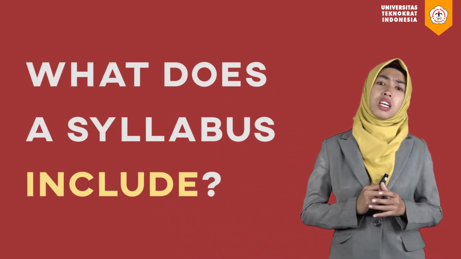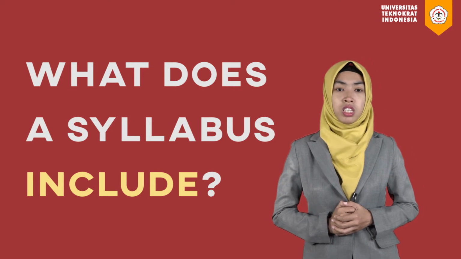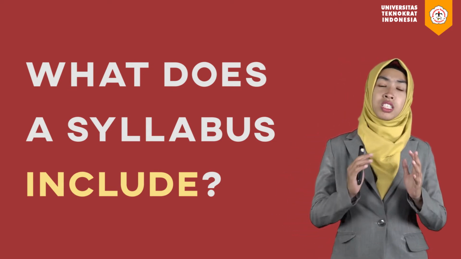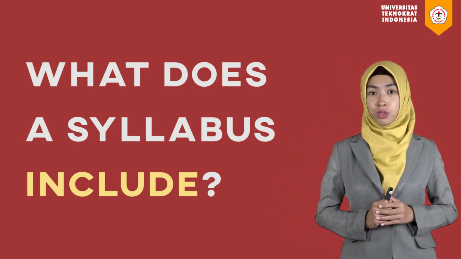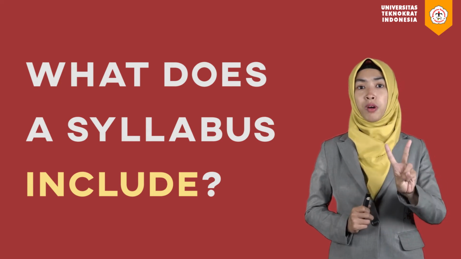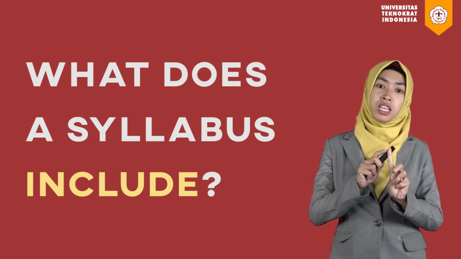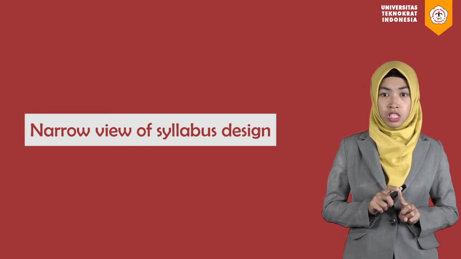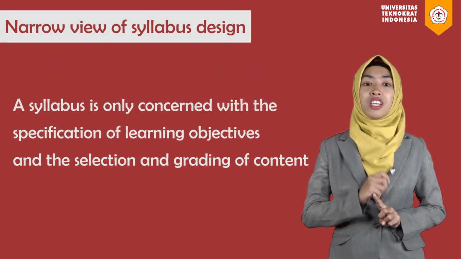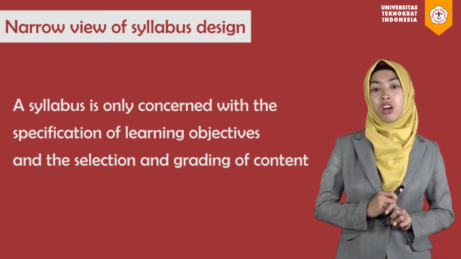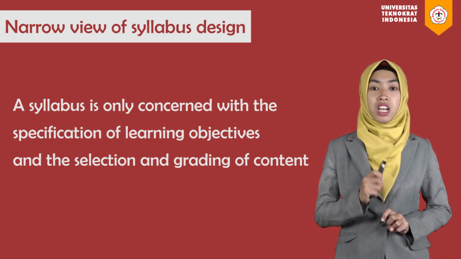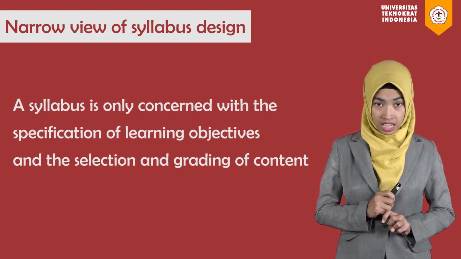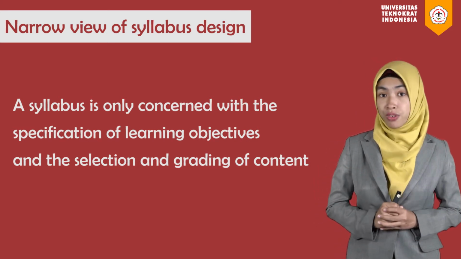So, what does a syllabus include? If we want to discuss this topic, we have to see it from two points of view. The first one is the narrow view of syllabus design. A syllabus is only concerned with the specification of learning objectives and the selection and grading of content. This is from the narrow view.